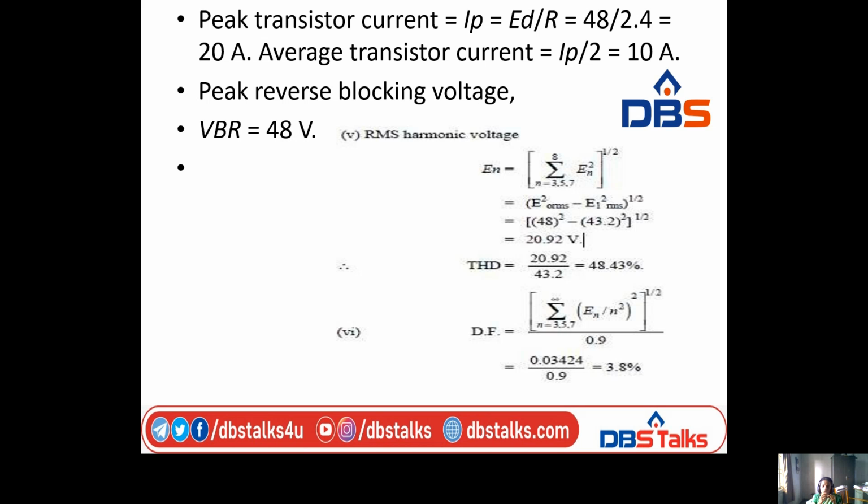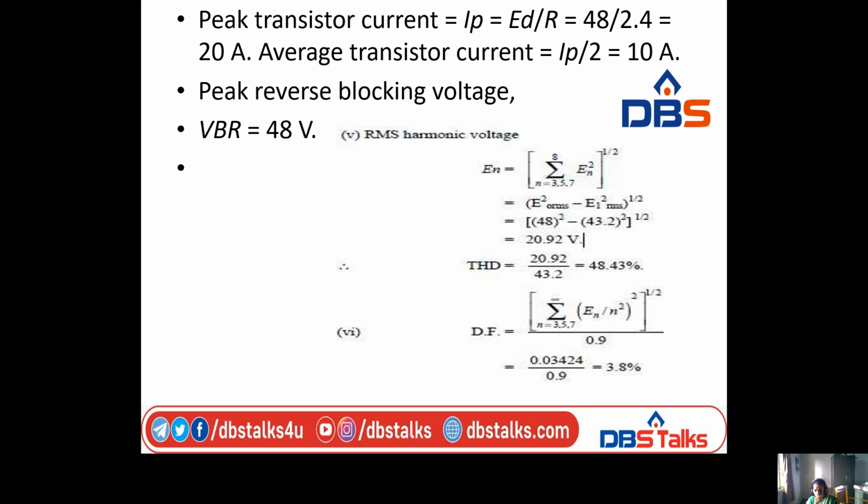The RMS harmonic voltage En equals sigma n equals 3, 5, 7 En square whole power 1 by 2. Then we substitute E0 square RMS minus E1 square RMS whole power 1 by 2. E0 means 48 and E1 means 43.2. Then we get 20.92 as En. Total harmonic distortion means En by E1, so 20.92 by 43.2, then we get 48.43 percent.